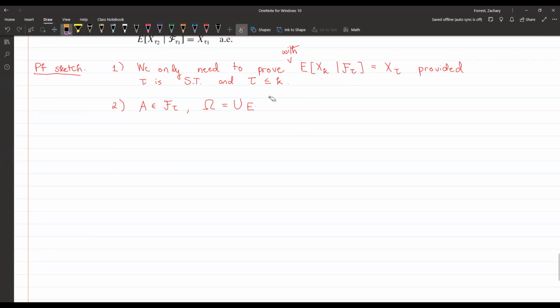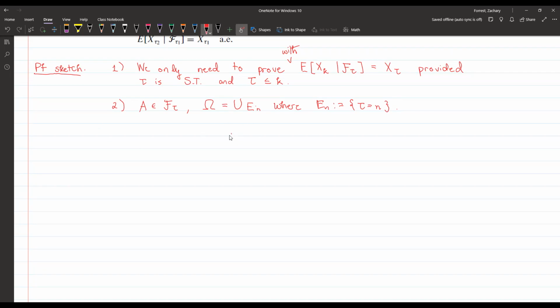I'm going to use the symbol E_n here for now, where E_n is going to be the set where tau is exactly equal to n. Of course, this is a disjoint union. So that means we'll be able to use additivity of integrals, kind of like we did before.